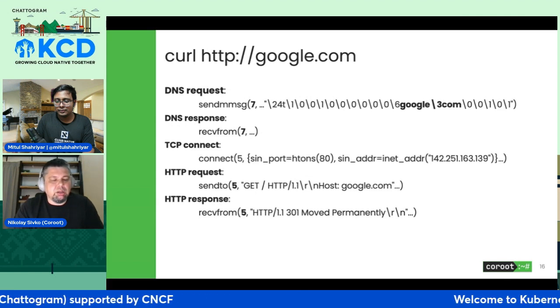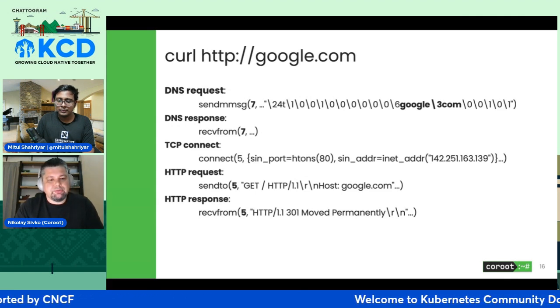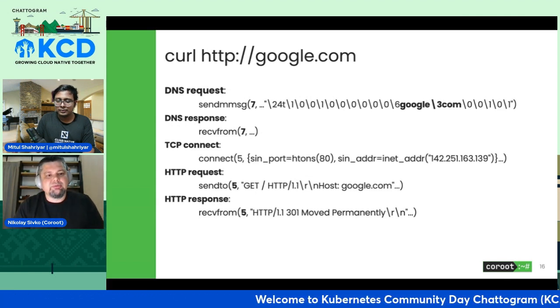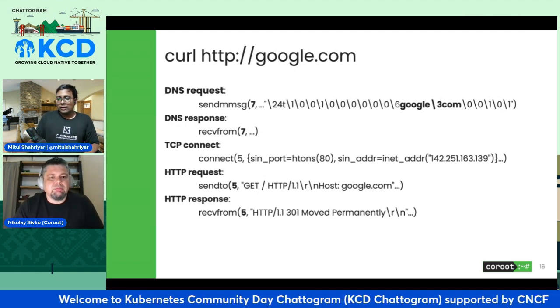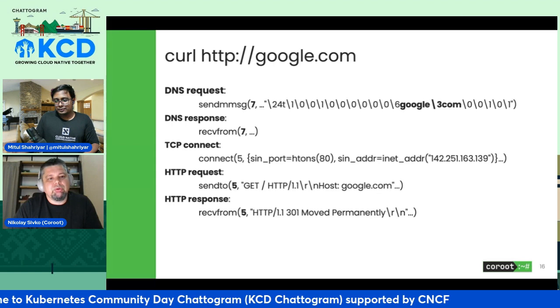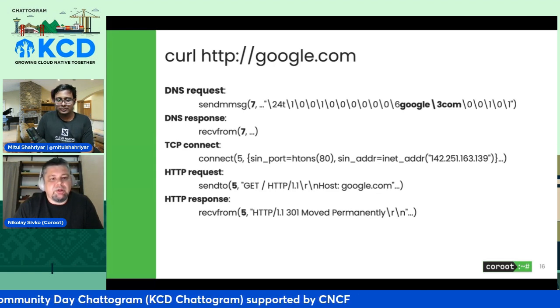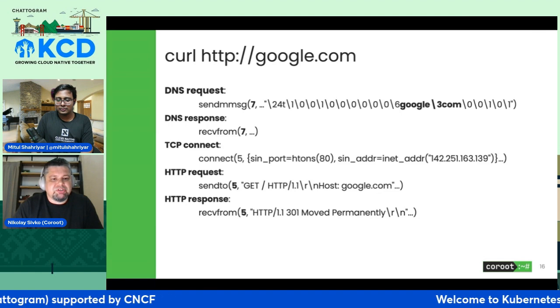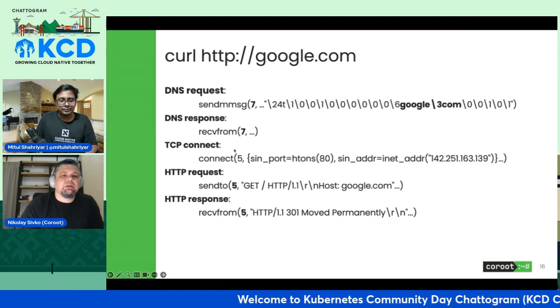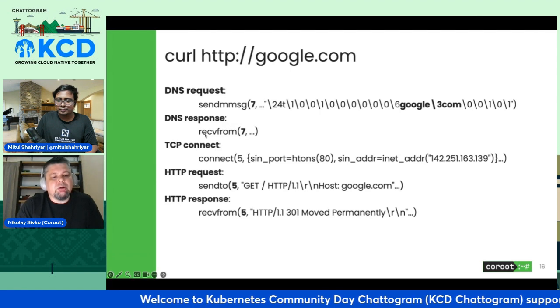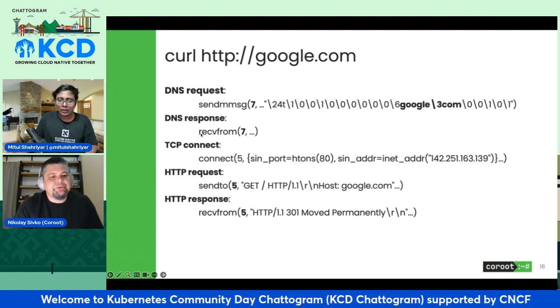And let's take a look at how it works from the kernel perspective. When we call an HTTP endpoint from the curl command, first we see the syscall responsible for sending a DNS query, then the send message. Here we can see the DNS response.